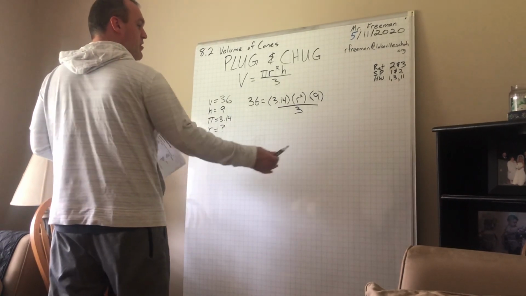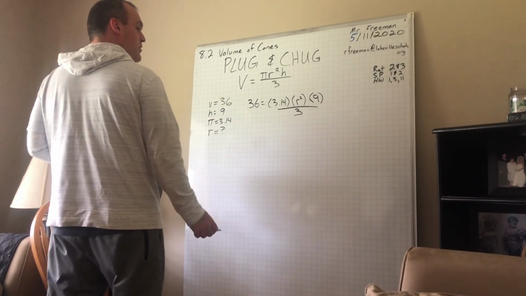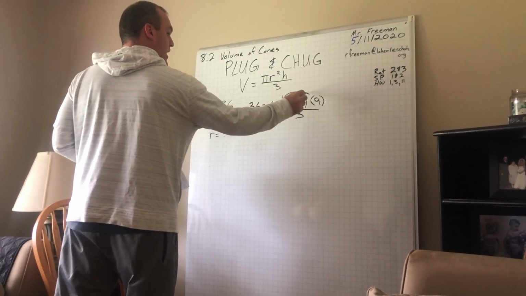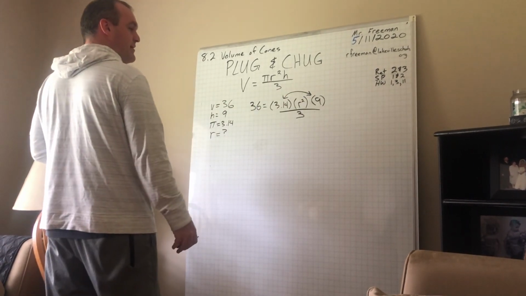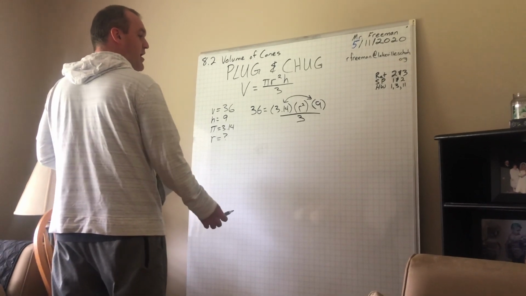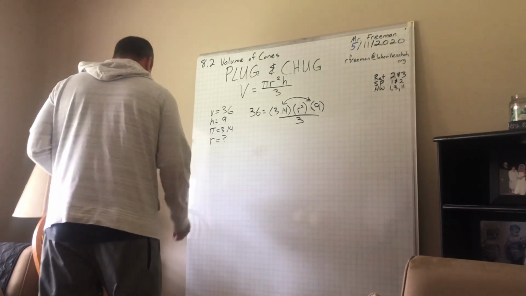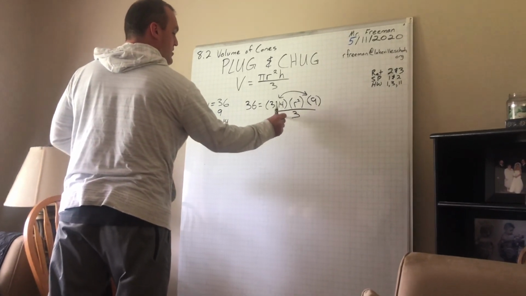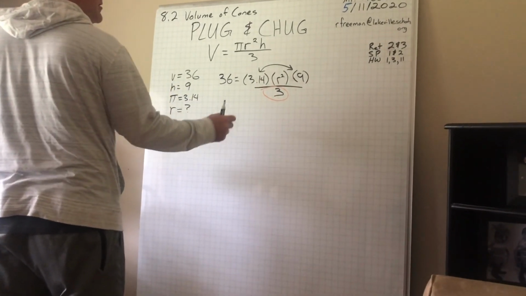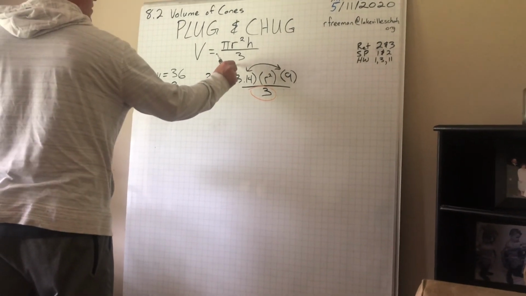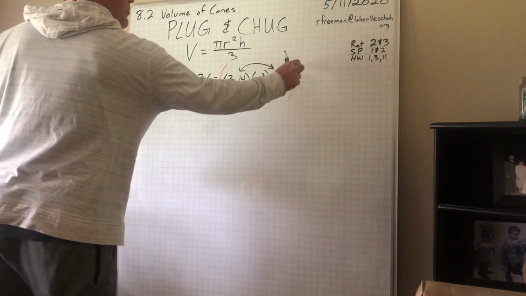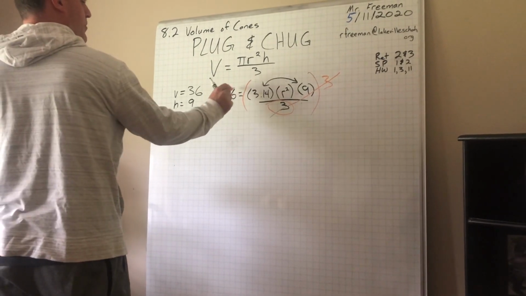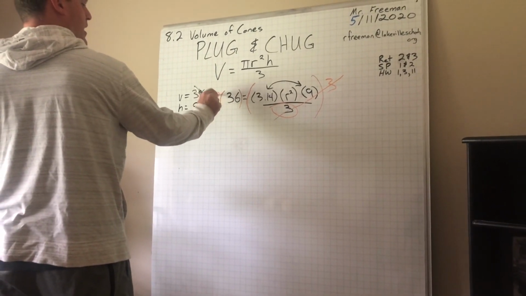Now, I didn't do any calculator work on this one, so we're going to do some of this together. I know that multiplication is nice enough to say that I can do these in any order I want. Actually, before I would even do that, my best suggestion is I'm going to change colors. See this nice little fraction of having this 3 down here? If we're solving equations, we want to get rid of that. So if I multiply this whole guy by a 3, that's going to get rid of that 3, but we have to remember that we'll have to do it on this side as well.